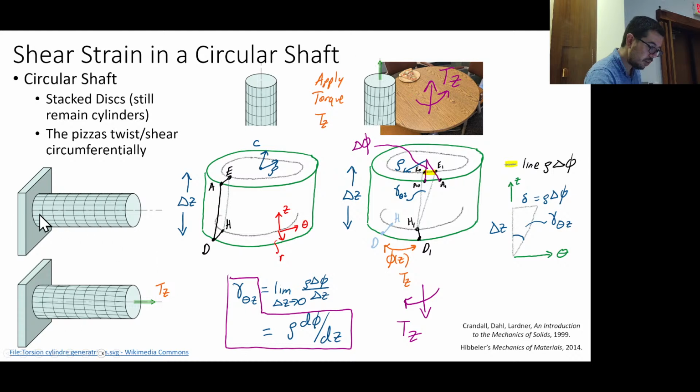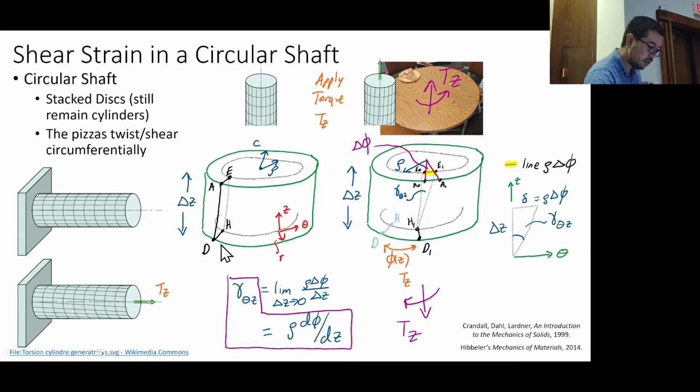There are all these pizza stacks underneath the table. And just like we discussed prior, there is going to be an angle of twist associated with the distance from the fixed end of my rod. That angular displacement we can think of as phi of z.